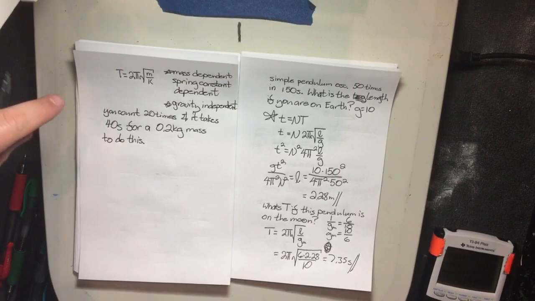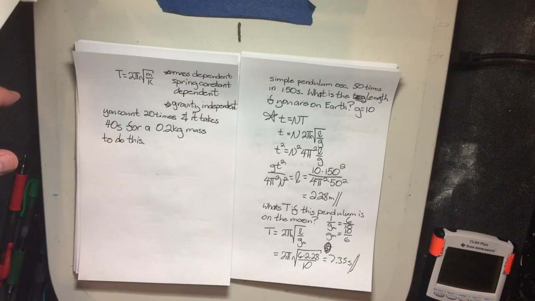So in lab, you're going to put like a 200 gram mass at the end of this spring. You're going to pull it down a little bit. You're going to let go, and it's going to go bouncy, bouncy, up, down, up, down, up, down.